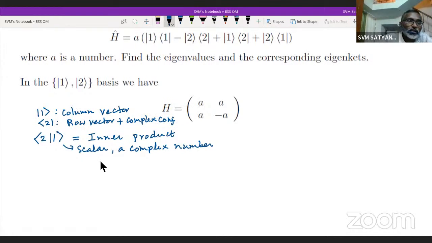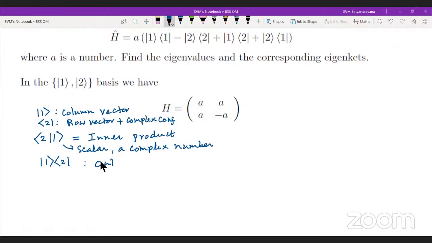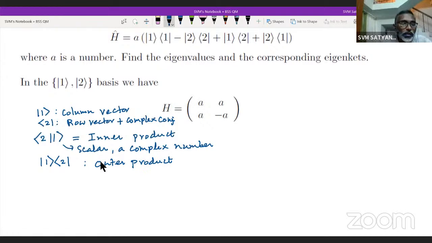Now we are going to talk about something like |1><2|. What is this? This is called an outer product. For example, if this one is a column vector and this is a row vector, suppose you have A, B here, and then C star and D star.